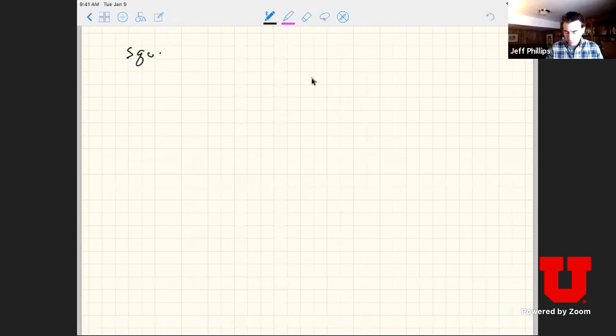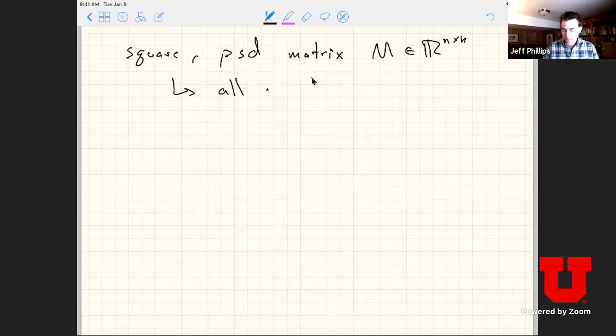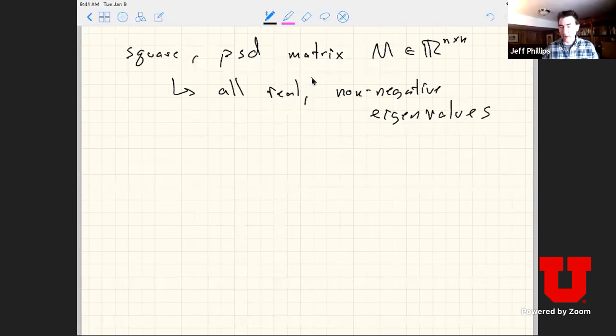If a matrix M in R n by n is positive semi-definite, then it has all real and non-negative eigenvalues.